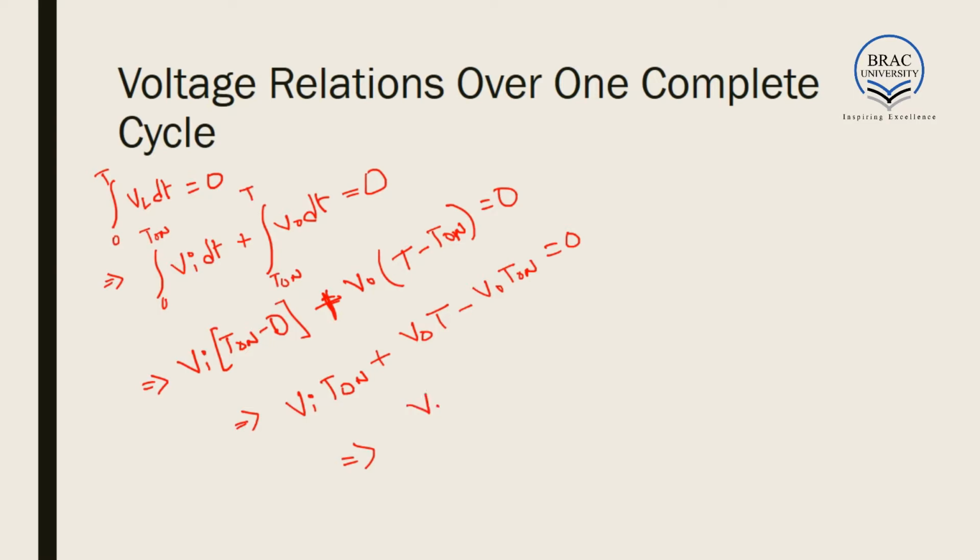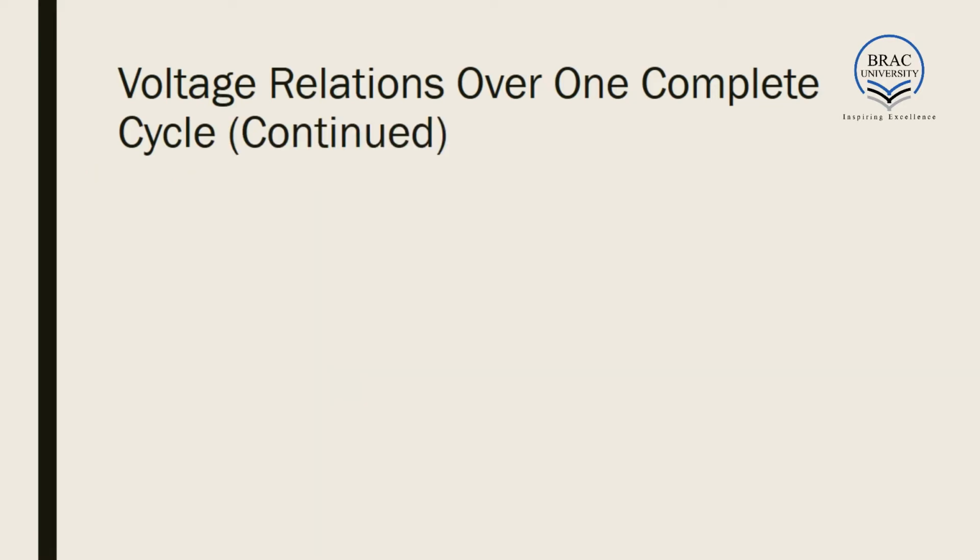From this we get Vi T on is equal to V naught times T on minus T. So we get V naught, or V output, is equal to Vi times T on divided by T on minus T.